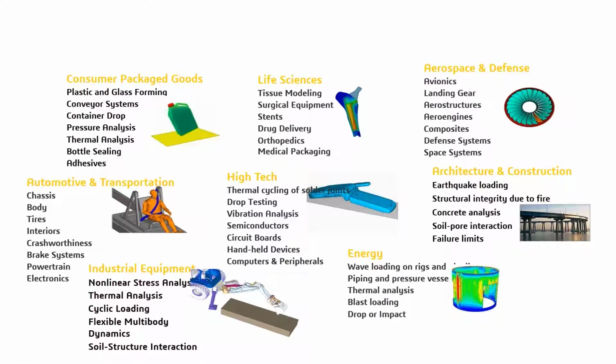Abaqus is a very general simulation tool, which has a very complete set of physics implemented, and as a result we have a very strong footprint across almost all the industries today. As you can see in some examples in this picture, we have customers in almost any industry category.